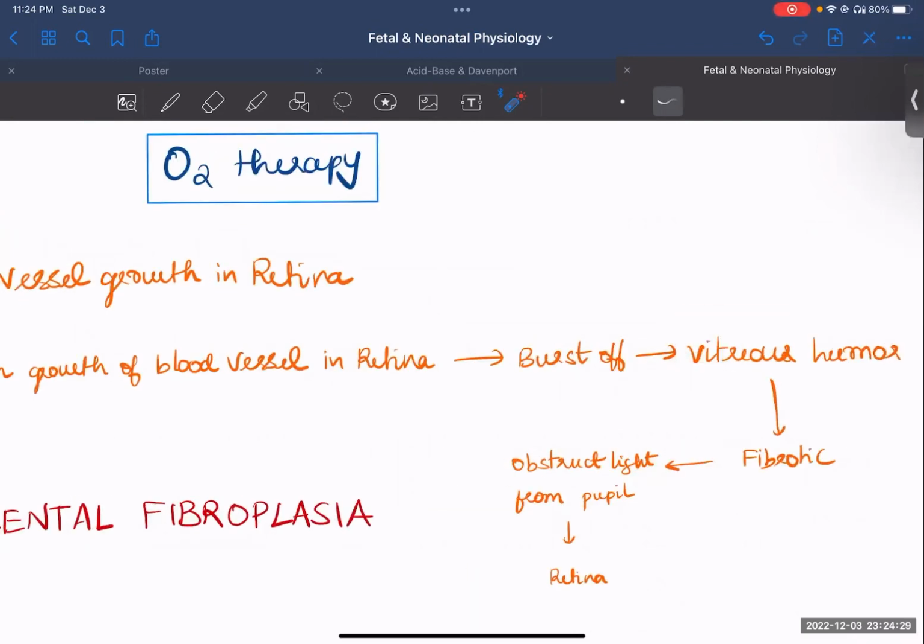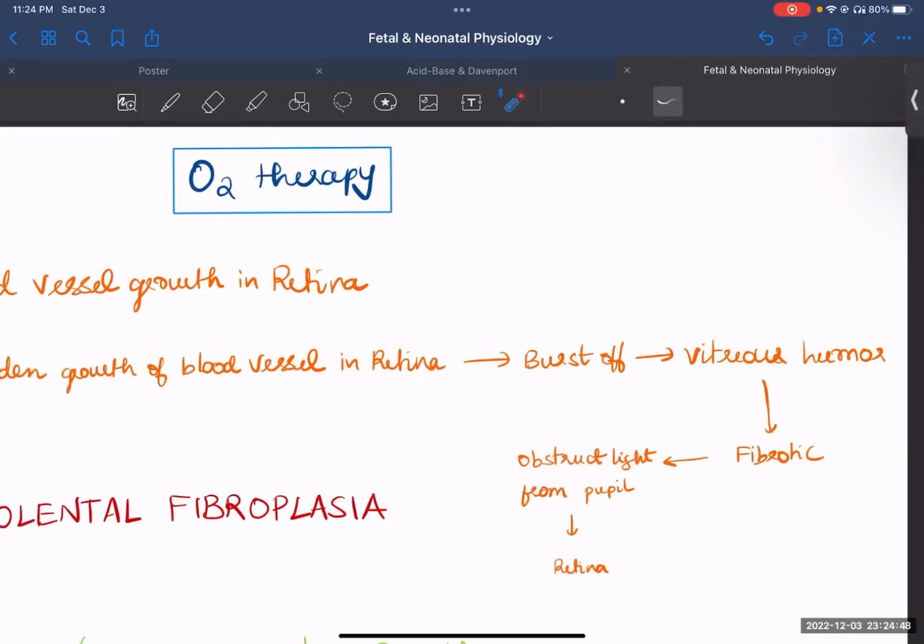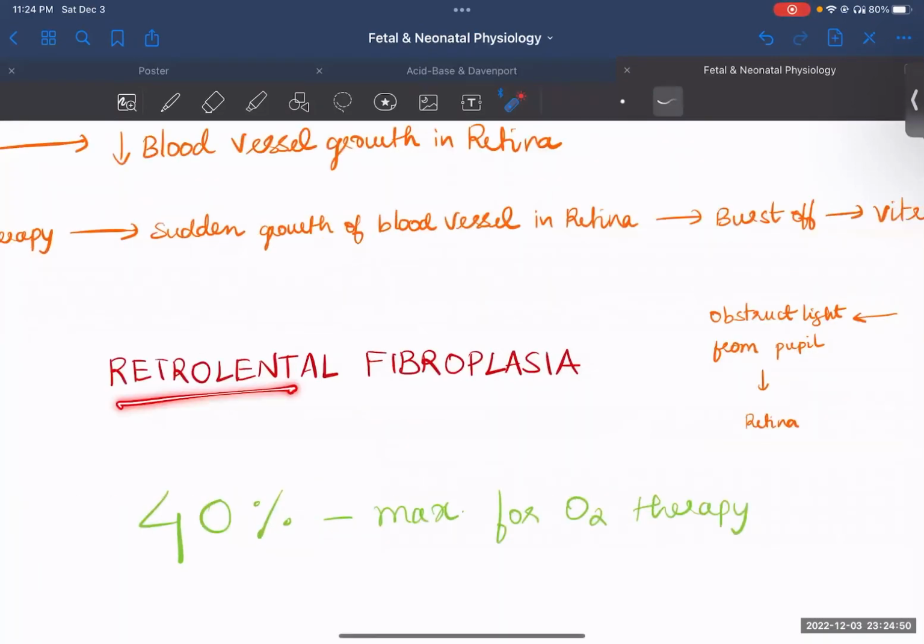The vitreous humor is the main jelly-like substance inside the eyeball, right? The blood is going to occlude the vitreous humor, and that blood is going to become fibrotic in nature. As a result, it is going to obstruct the light that comes from the pupil to the retina, and the baby is going to become blind, unfortunately. Now, this condition is called retrolental fibroplasia.